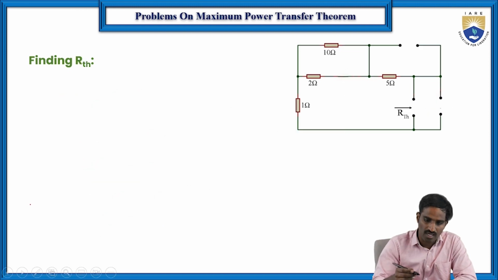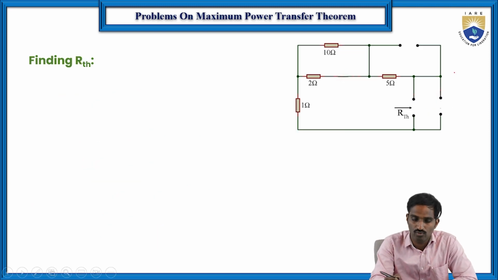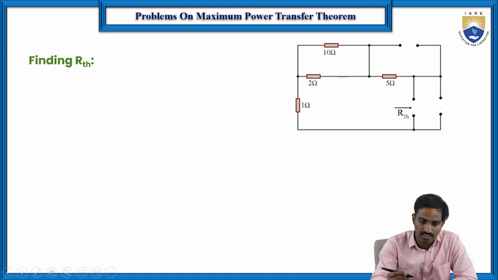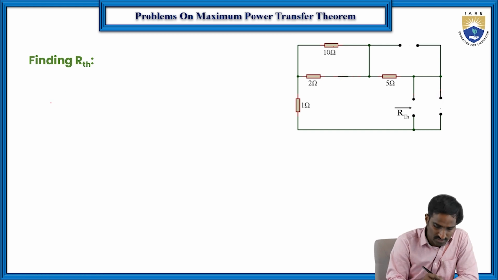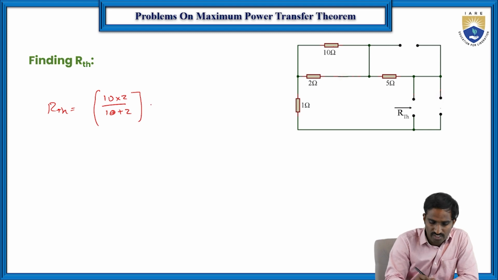Now for R Thevenin, we have the 2 voltage sources, so these get shorted to 0. Then these two are in parallel and the other combination is in series. So R Thevenin is equal to 10 into 2 by 10 plus 2, and this combination is in series with the 1 ohm and the 5 ohm.